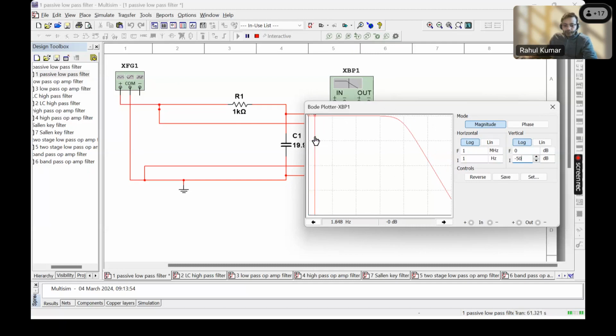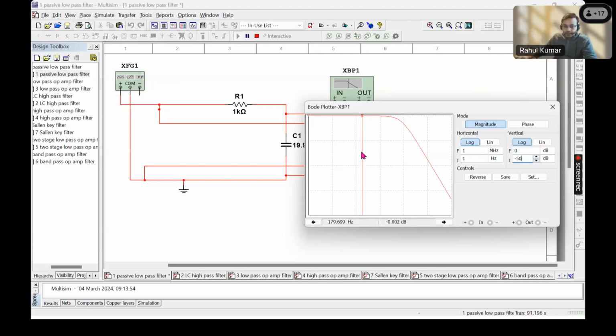In the lower frequency range, we can see the gain is almost constant at 0 dB. The cutoff frequency is at 3 dB. Up to 3 dB, we allow the frequencies to pass.